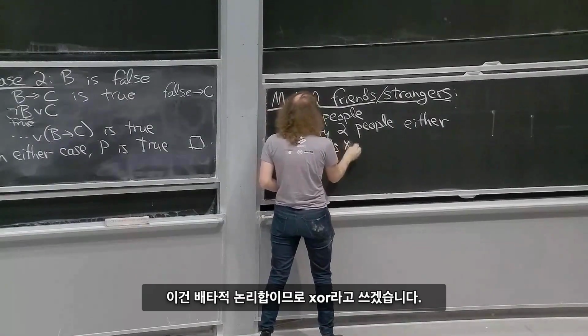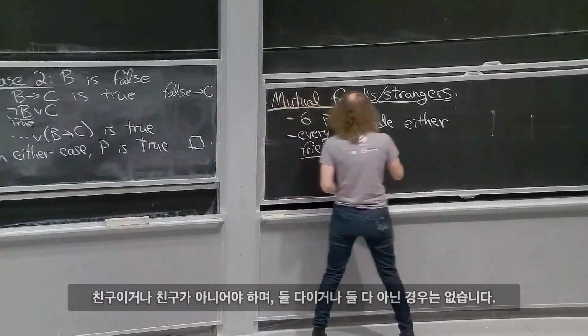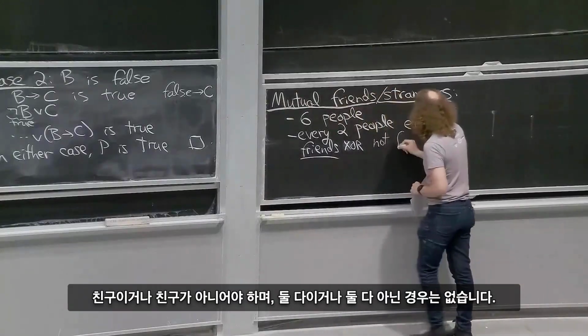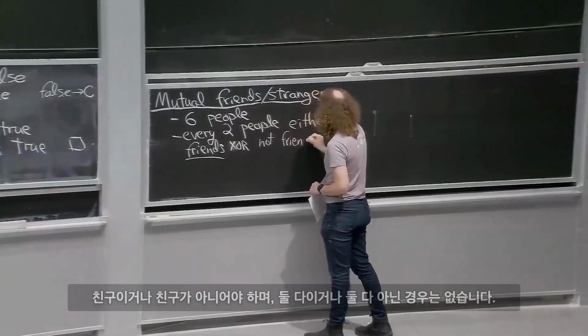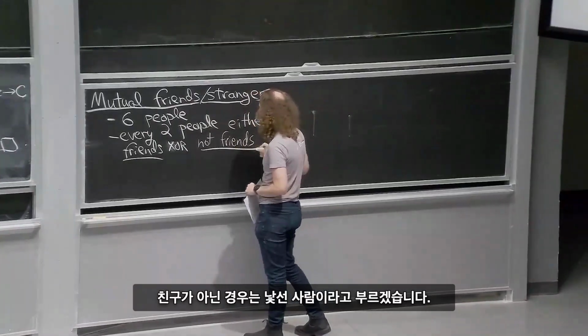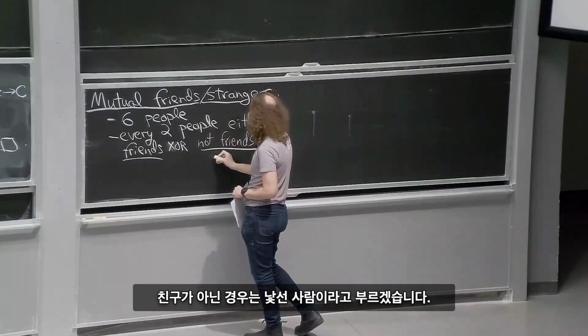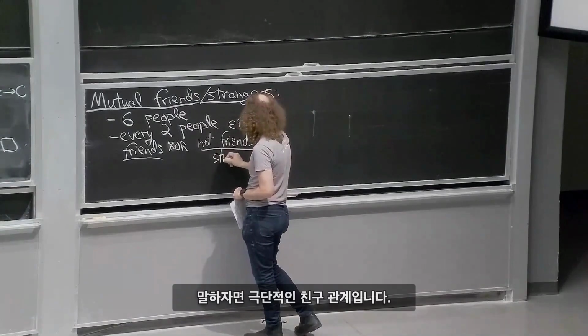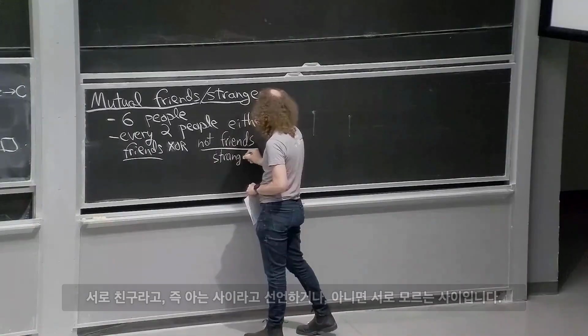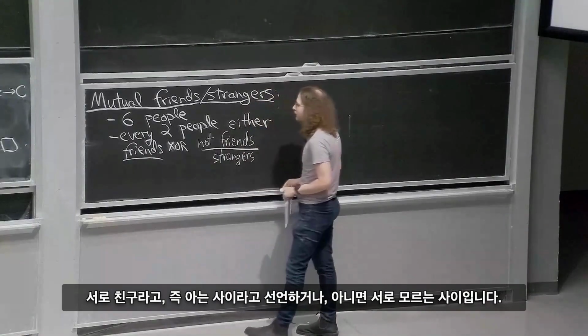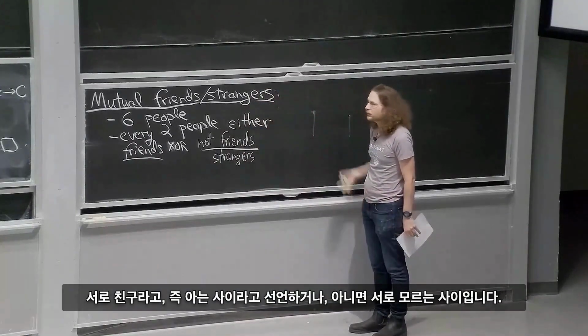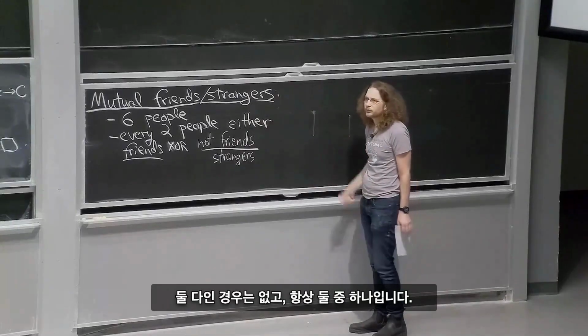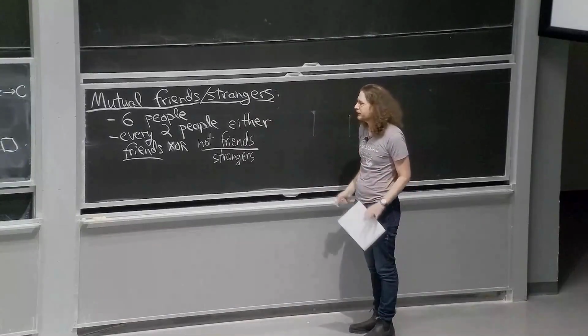And this is an exclusive OR, so I'm going to write XOR. You're allowed to be friends or not friends, not both and not neither. And in the not friends case, I'm also going to call them strangers. So this is like extreme friendship. Either you declare yourself as friends or as knowing each other, or you don't know each other. In that case, you're strangers. You're just never both, and it's always one or the other.